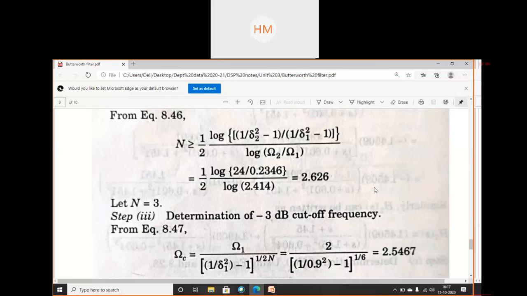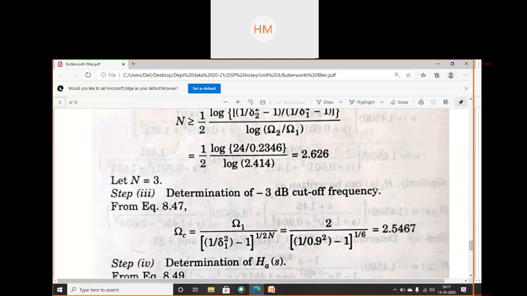Yes, students, any doubt? 3 dB cutoff frequency. Okay. Next step, determination of transfer function.